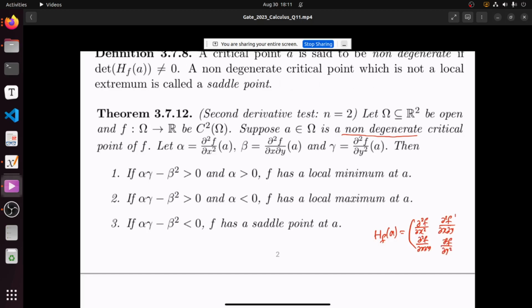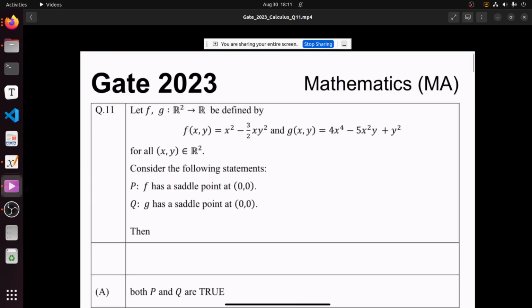So if this Hessian matrix is positive definite, then f has a local minimum at A. If it is negative definite, then f has a local maximum at A. And if this matrix is indefinite, then f has a saddle point at A. Okay, so let's then solve question number 11.